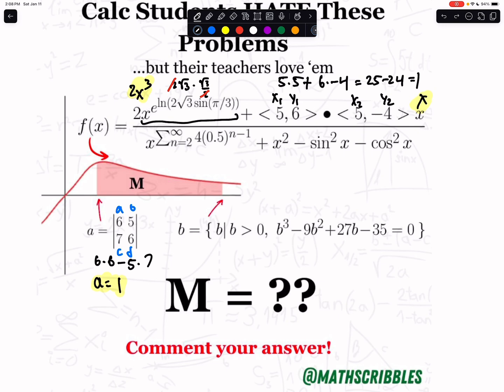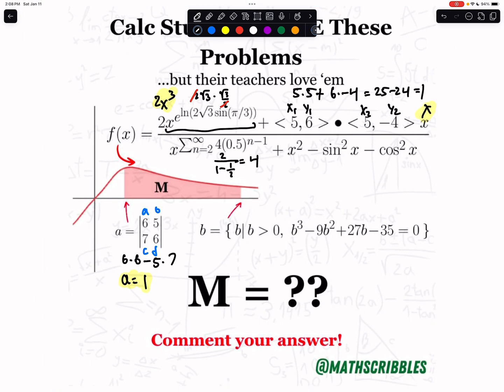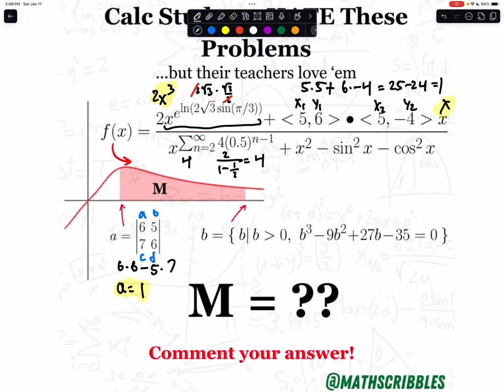That's 2. I think, right? 4 times 0.5 is 2. So 2 is our first term, so it'll just be 2 over 1 minus 0.5, so 2 over 1/2, which is 4, and then we have an x here, so we'd have 4x.